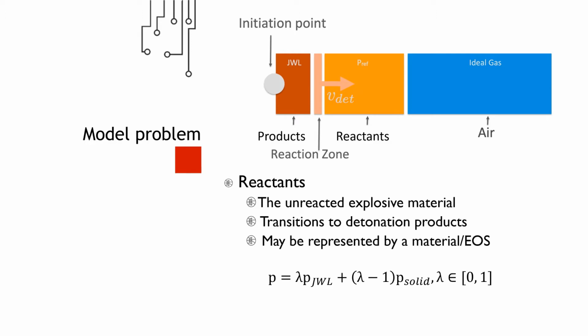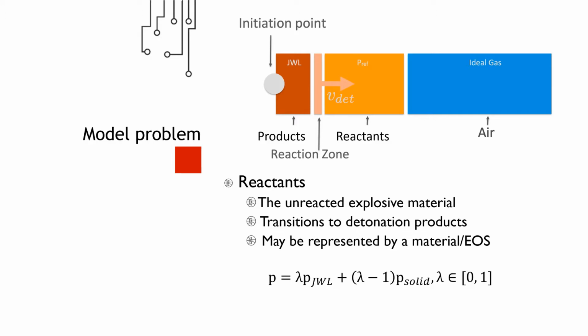The reactants, the solid phase, this is going to be your unreacted explosive material. Here we have a detonation wave. As that detonation wave passes, we have a transition to products. Basically the way in which we do, for example, pressure, is that both phases are represented by unique equations of state, and then we essentially blend them.